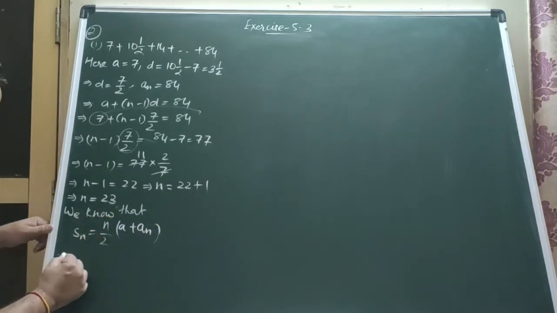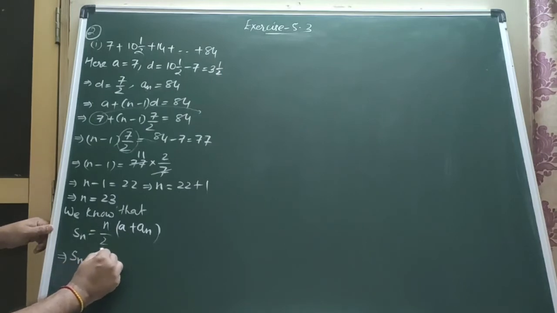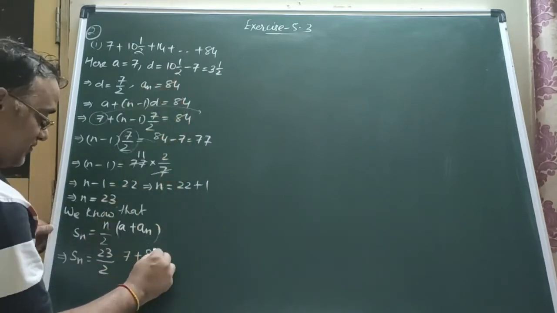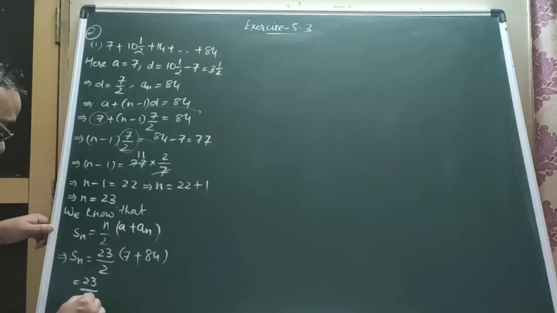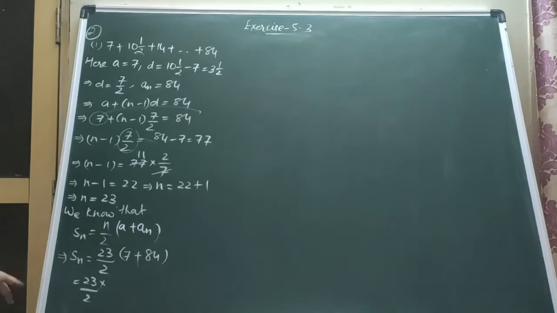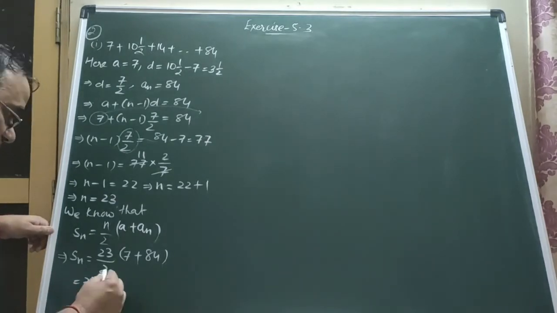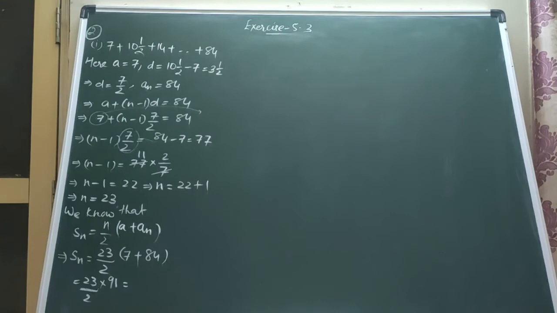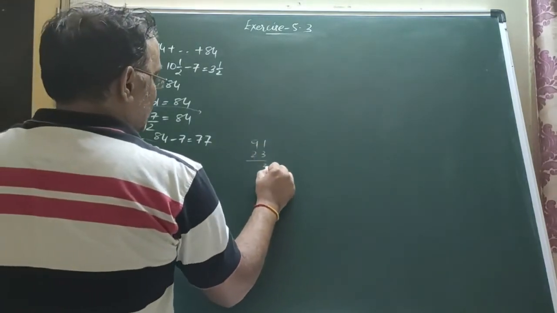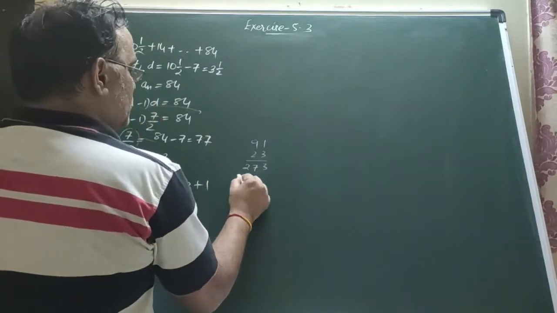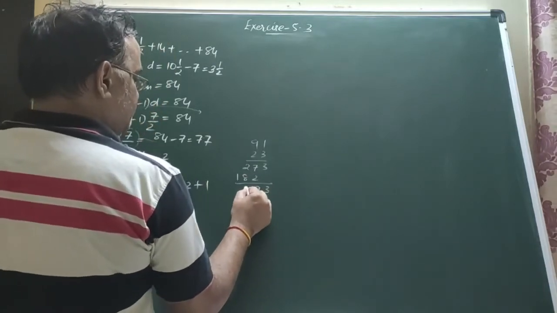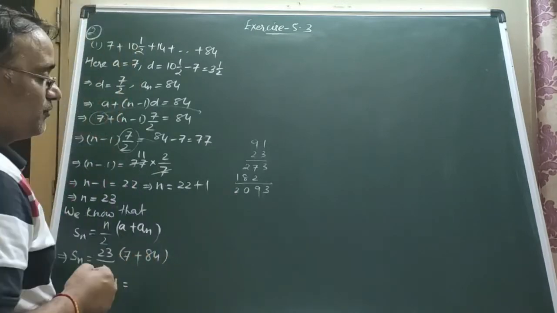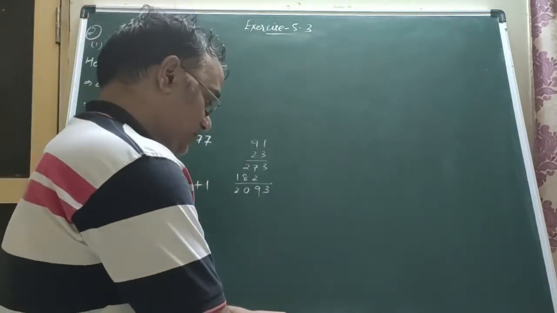So this implies Sn is equal to 23 by 2, a is 7 plus the last term is 84. So we'll get 23 by 2 into 84 plus 7 is 91. So our answer will come in decimals, right? So we multiply 91 into 23 and divide by 2. So let's do 91 into 23. 273 came, 182, 2093. So the final answer is 1046.5. Okay.